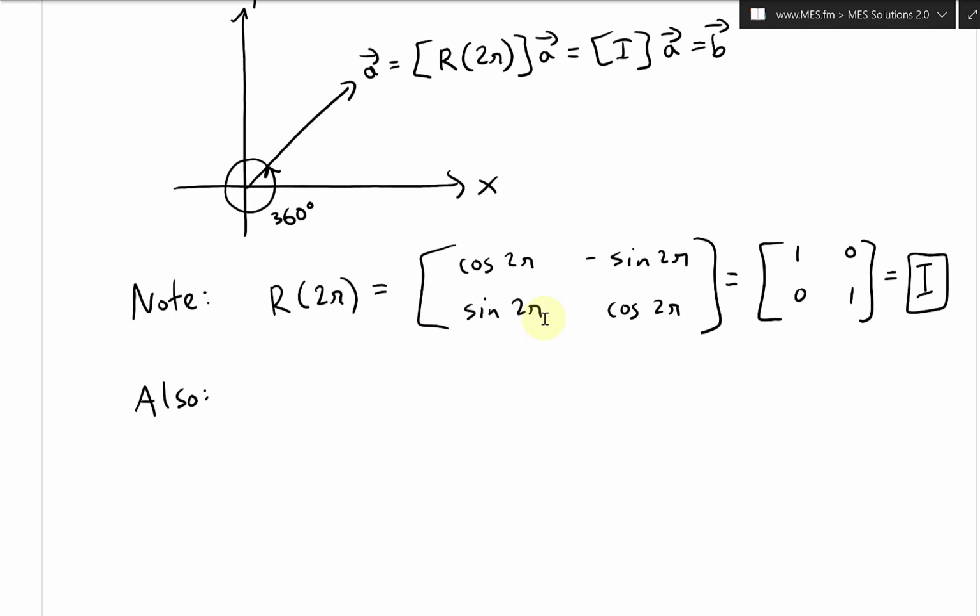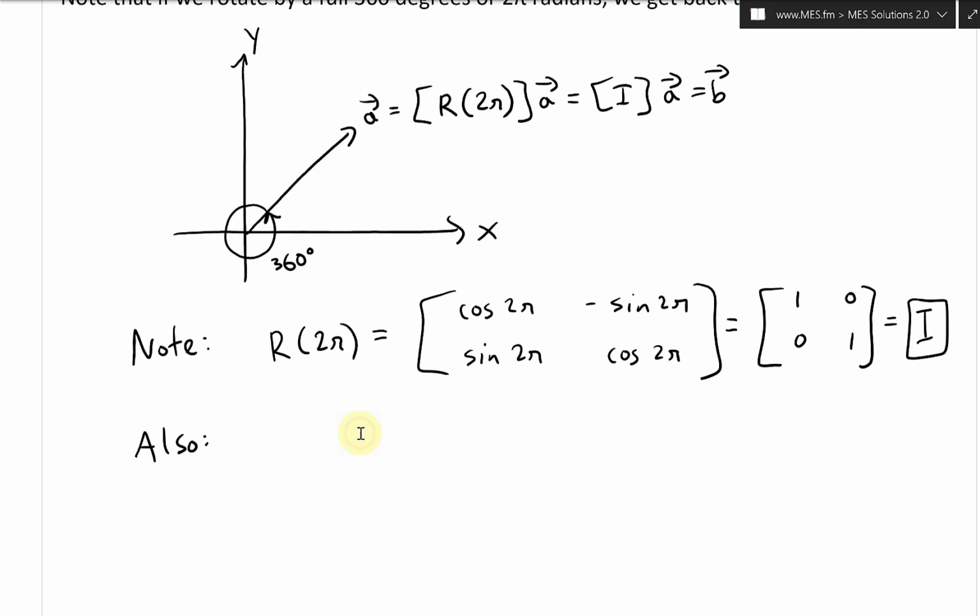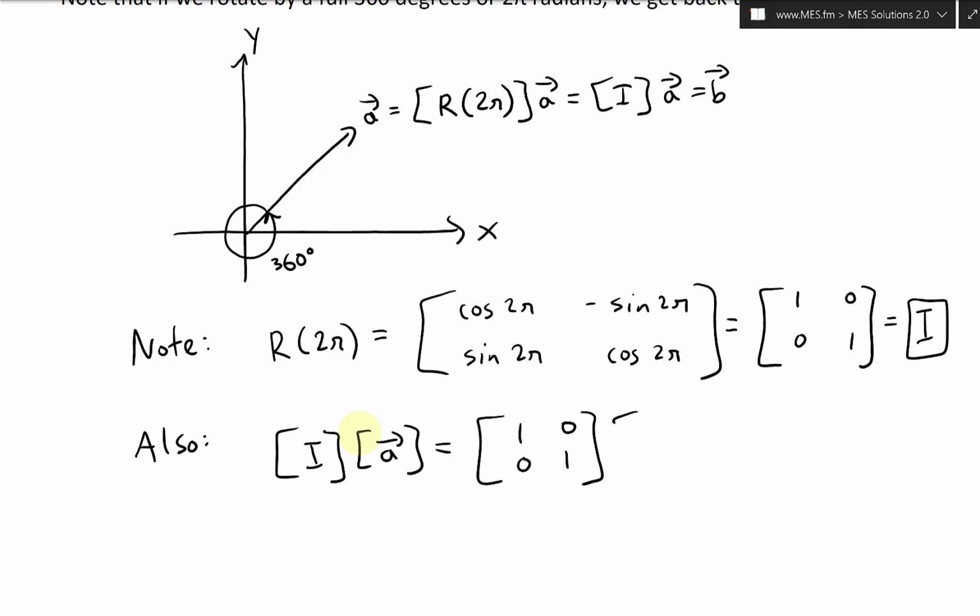So if you have I times A, let's say we have our 1, 0, 0, 1, and let's say A has components x, y.